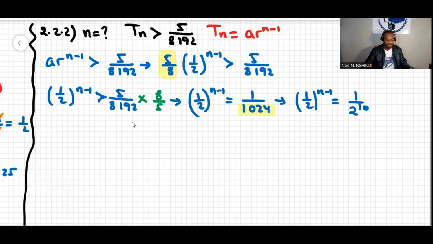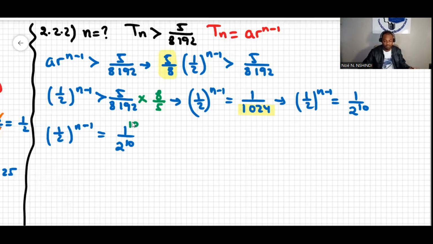Okay, so I want you to notice something. 1 over 2 to the 10, we can also write 1 to the power of 10, because 1 raised to any power is just 1. So why am I writing that?